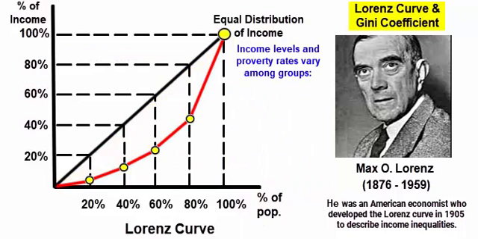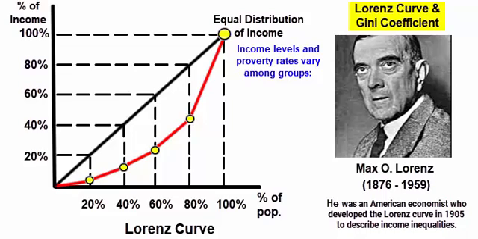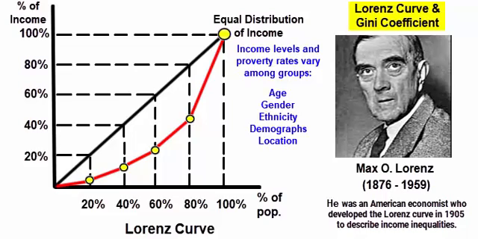Remember, income levels and poverty rates vary greatly both across and within groups based upon age, gender, ethnicity, demographics, and location.